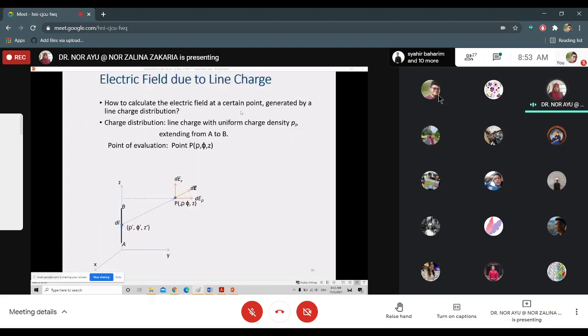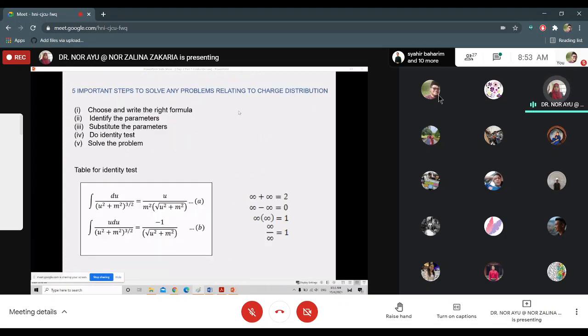So how to solve these problems? There are 5 steps altogether. First, of course, you need to choose and write the right formula. Choose the equation: is the question for the line charge distribution or for the surface charge distribution?